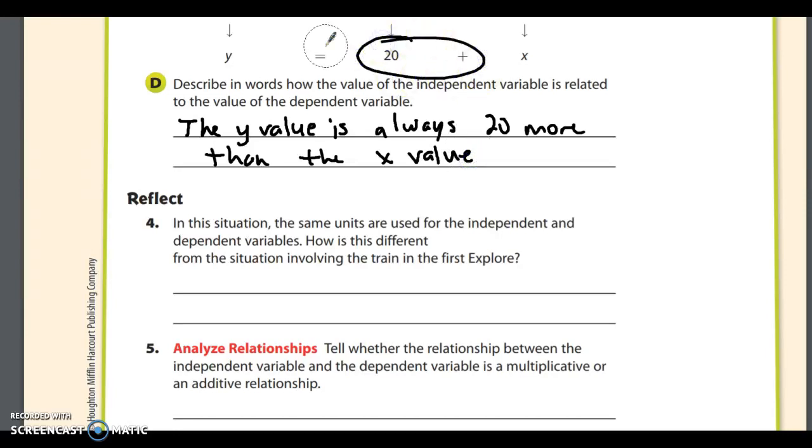All right, we're on the Reflect, number 4. In this situation, the same units are used for the independent and dependent variables. How is this different from the situation involving the train in the first Explore? Well, both of these units are clay, but in the situation involving the train, we were comparing miles and hours.